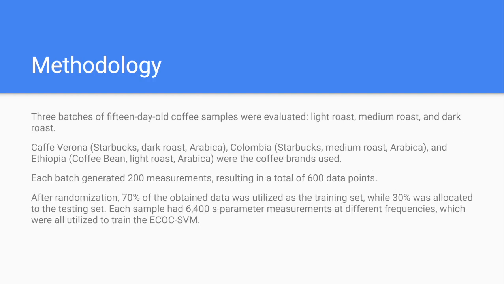So for the data collection, 3 batches of 15-day-old coffee samples were evaluated with differing levels of roast. First is light roast, medium roast, and dark roast. We obtained the coffee from Starbucks and also Coffee Bean. 3 types of samples: Cafe Verona, Colombia, and Ethiopia.